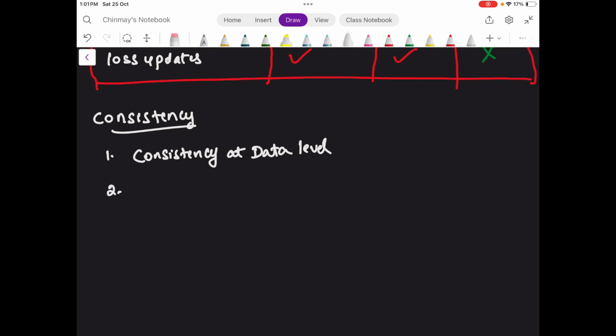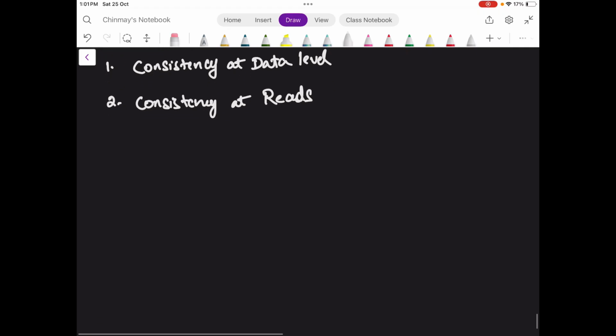The second one is consistency at reads. Okay, there are two types of consistency we need to discuss here.